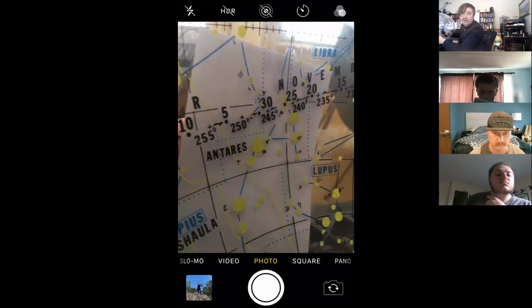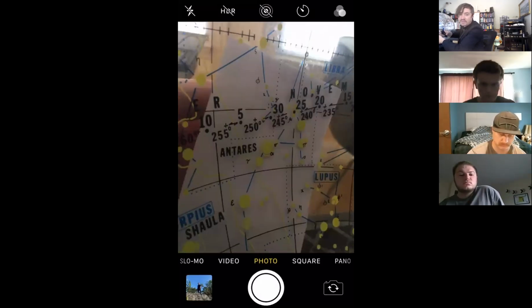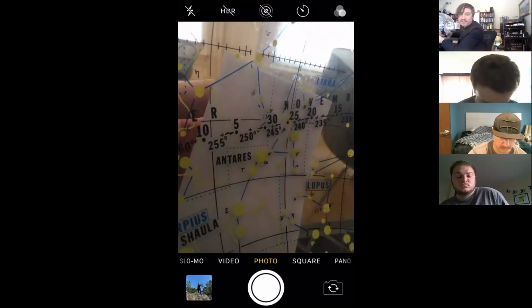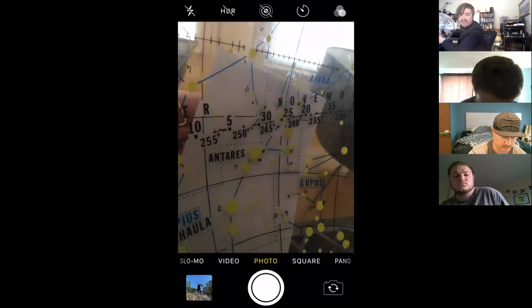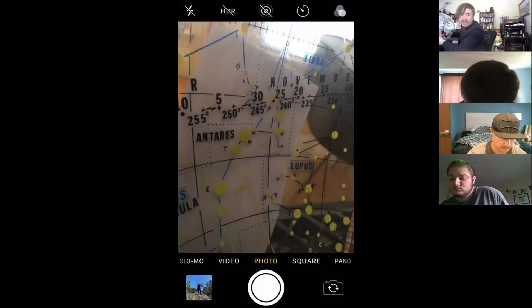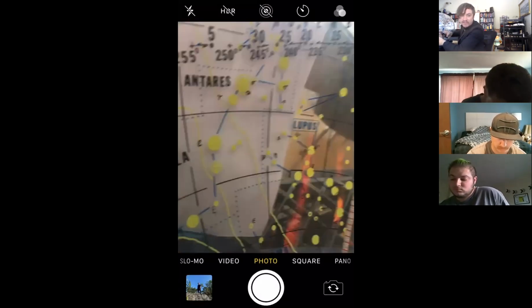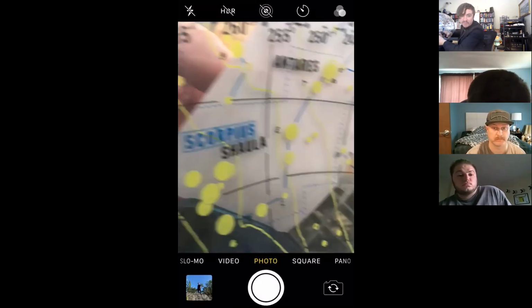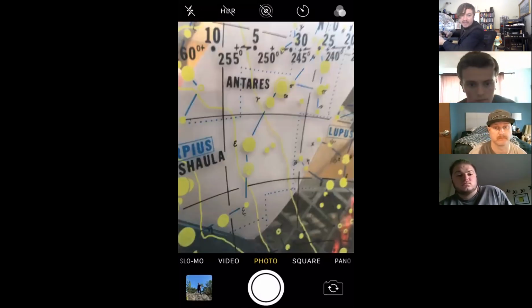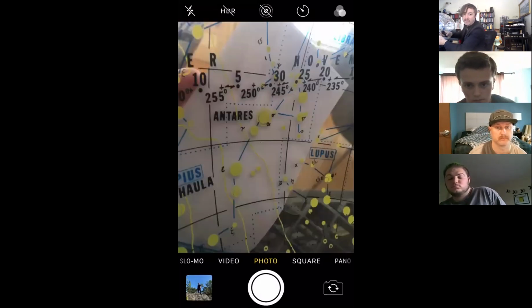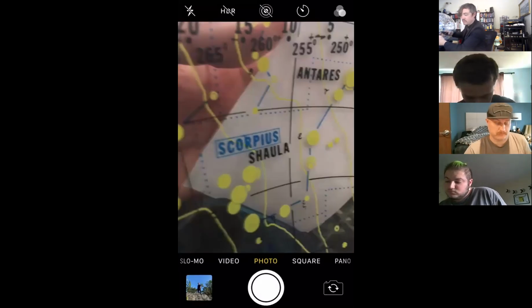Antares. Do you know what Antares means, Juan? It means anti-Mars. People used to confuse this star with Mars because it's red. Now, don't cross the dotted blue line. Let's see if we can figure out where this constellation is. Holy cow, it's in Scorpius. So that's a scorpion, and Antares is like the stinger of the scorpion. Anti-Mars, Antares in Scorpius.